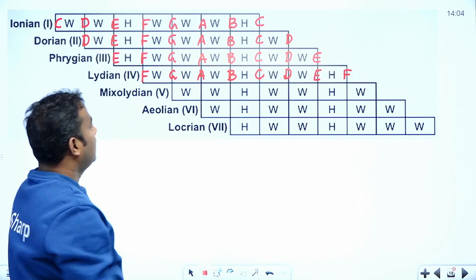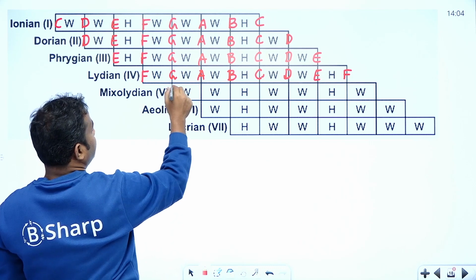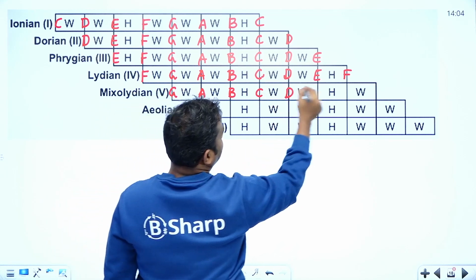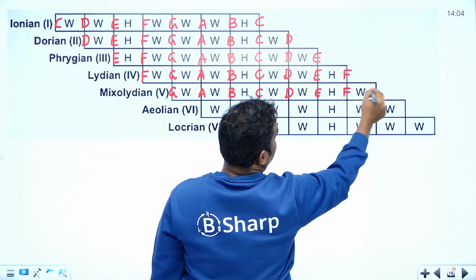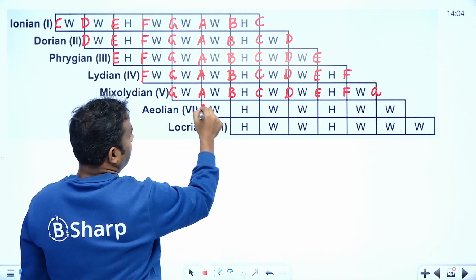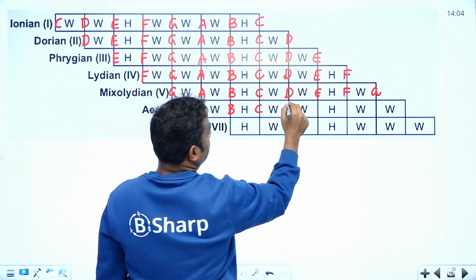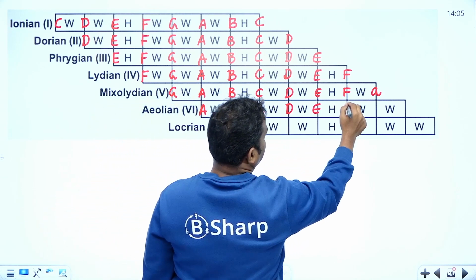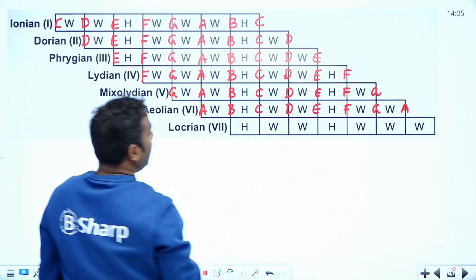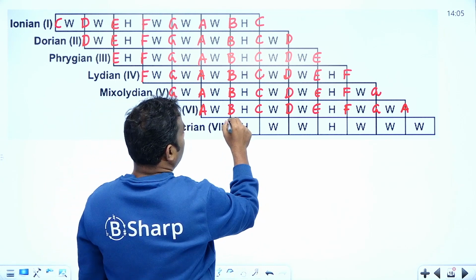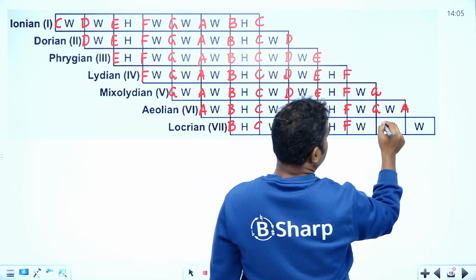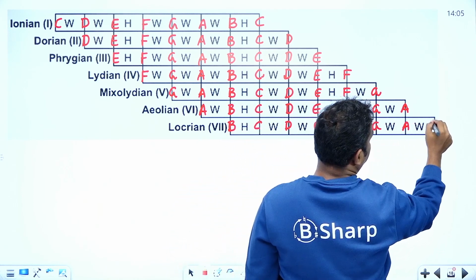Likewise the same thing I can do for Mixolydian: G, A, B, C, D, E, F, and G. Aeolian will come on the A scale, that is A, B, C, D, E, F, G, and again A here. Likewise, Locrian will come on the B scale: B, C, D, E, F, G, A, B.